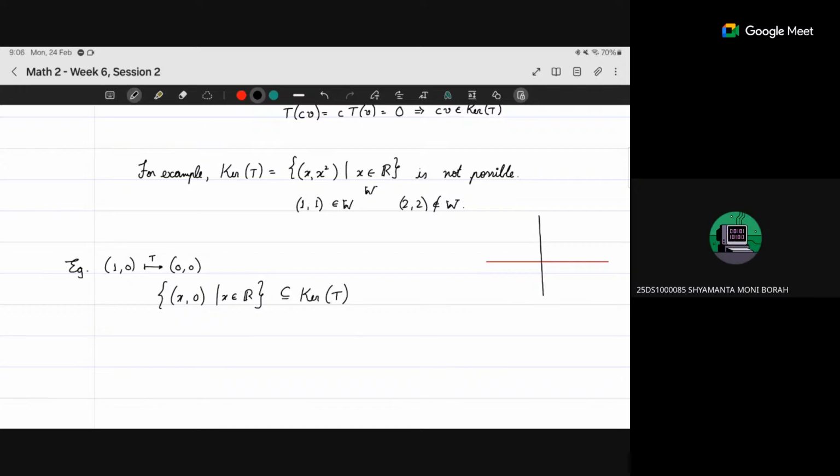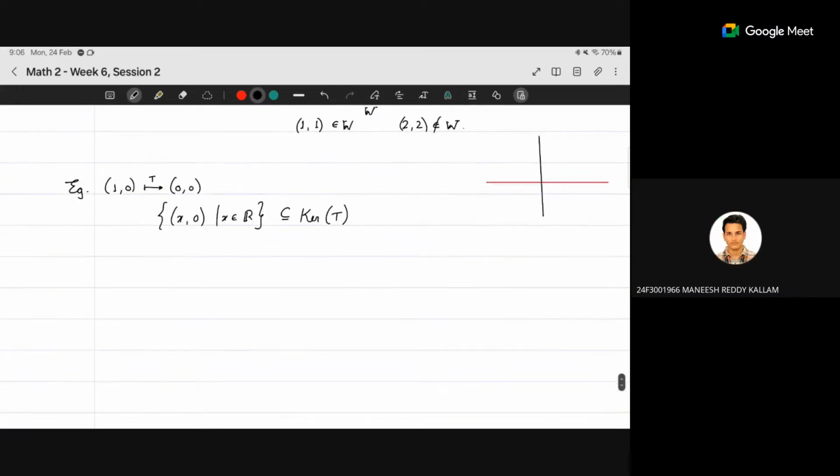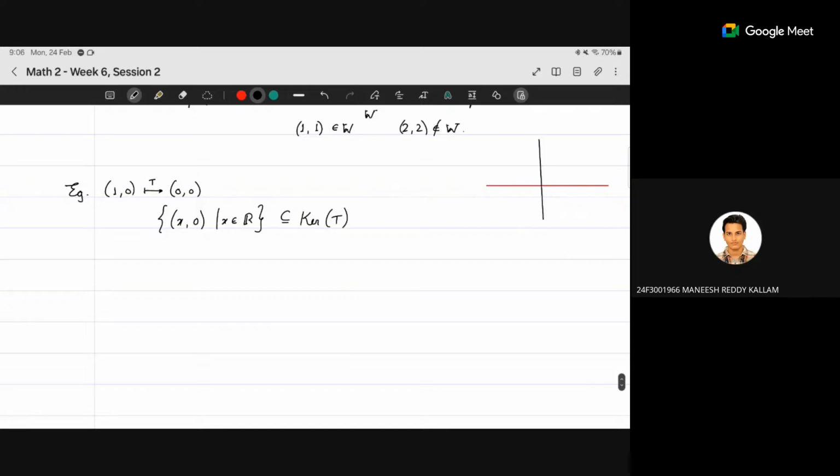Is that clear? Does that answer the questions that you had? Sir, could you once again explain the last two lines? Okay. The only condition that you want is T of (1, 0) is (0, 0). So what happens to T of (x, 0)? This is T of x times (1, 0).